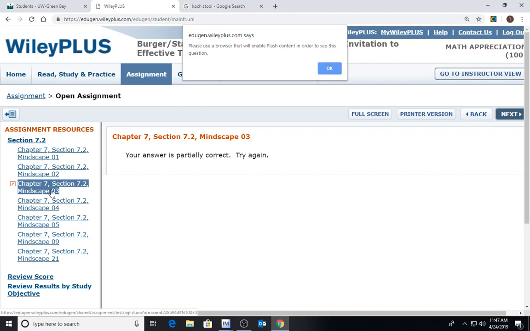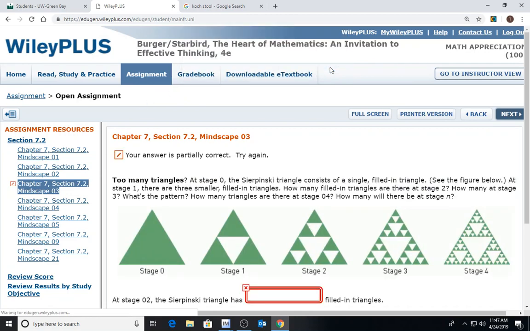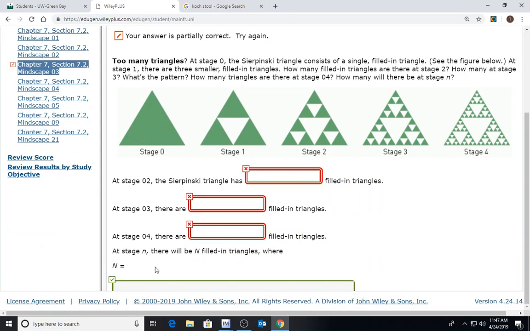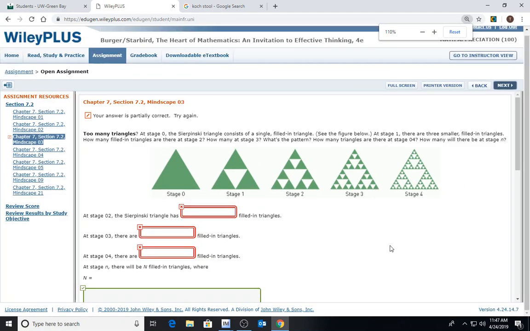I got every number except for the bottom one because I don't know exactly what they're asking for. Sure. Let me make this smaller so it shows. I know the answer, I just don't know how to put it in. Sure. Let's see if it will show on here.